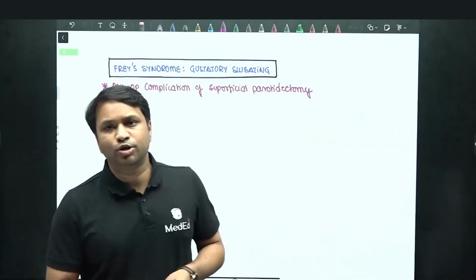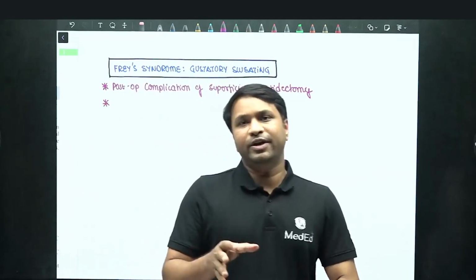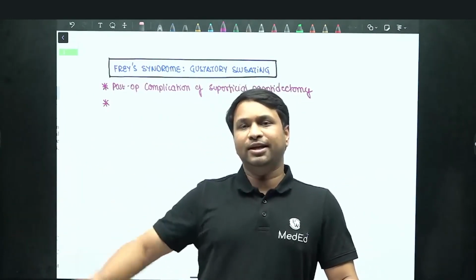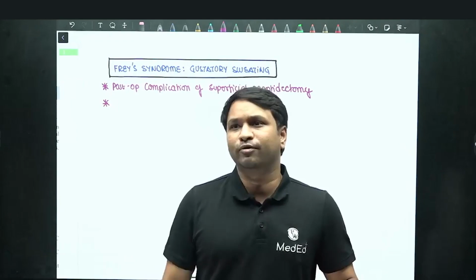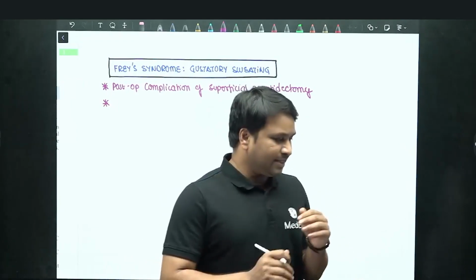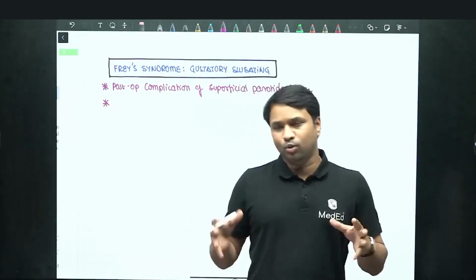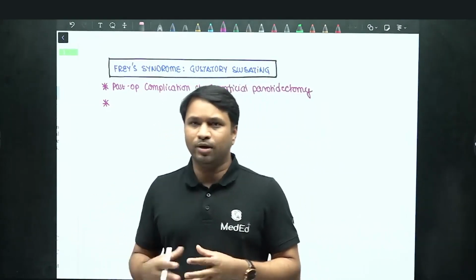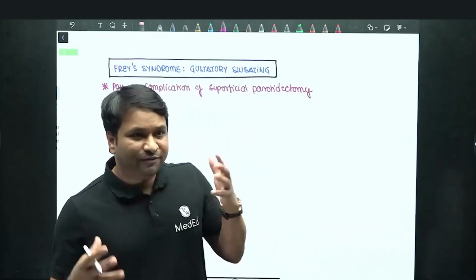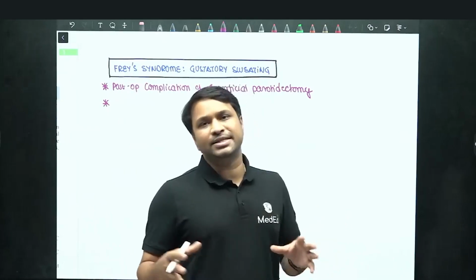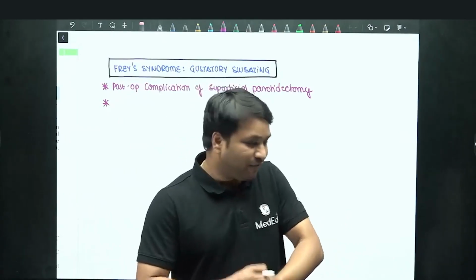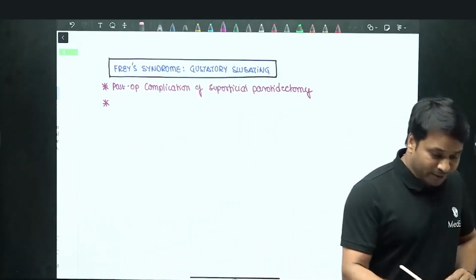Normally, post-operative complications are divided into immediate, and then the delayed or late post-operative complications. Okay? In the immediate ones you will have seroma formation, hematoma, infections, and facial nerve compressions. All these can be seen as immediate post-operative complications. Frey's is a delayed post-operative complication.